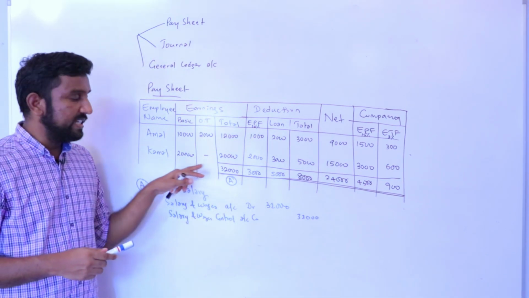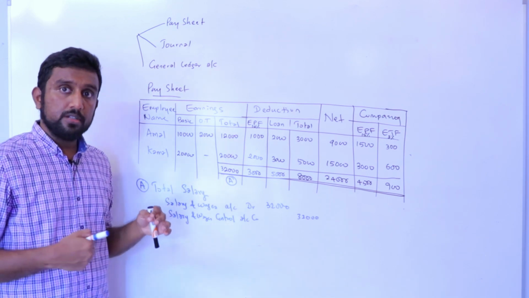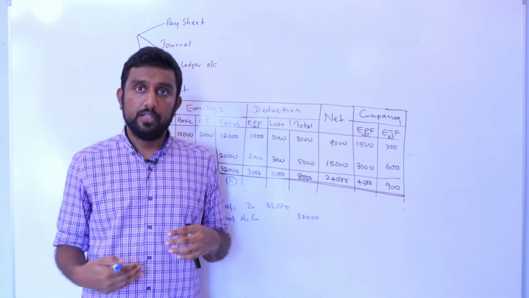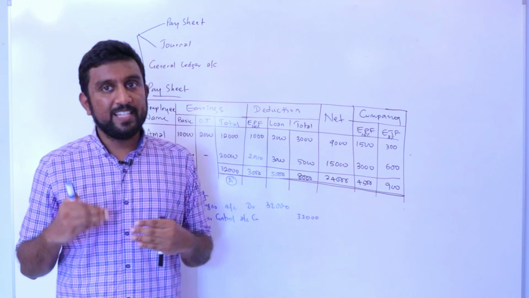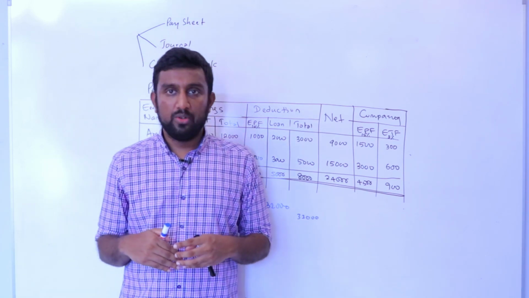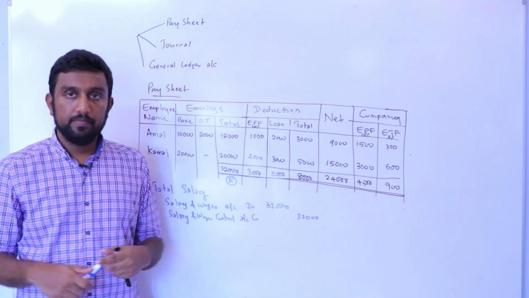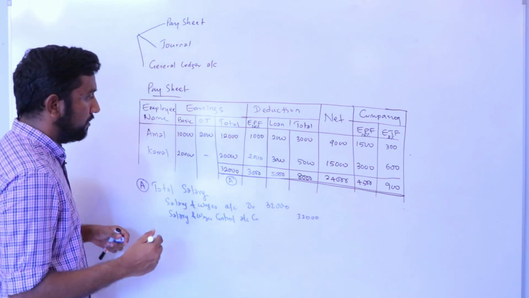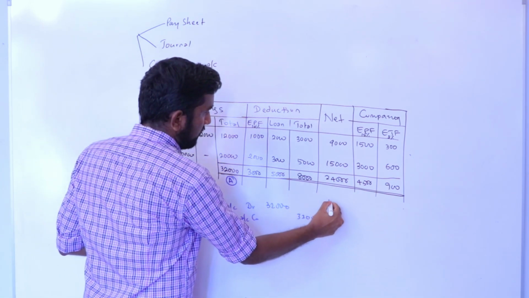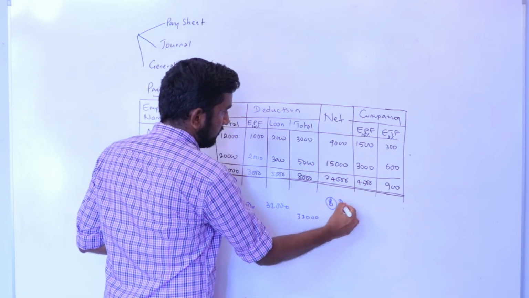So we need to show this separately. We have to record the first transaction for the total salary, which is one of the expenses related to the employees.